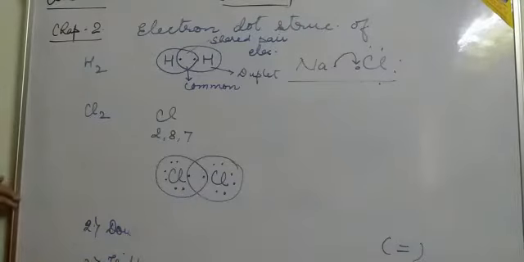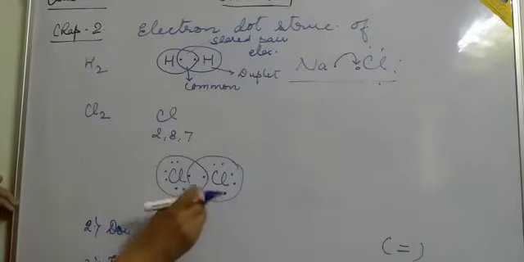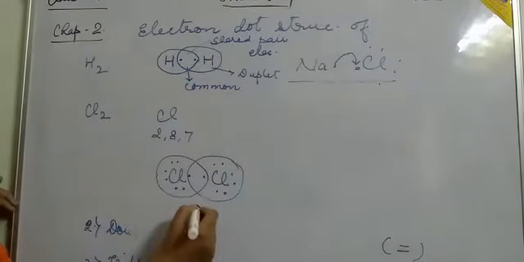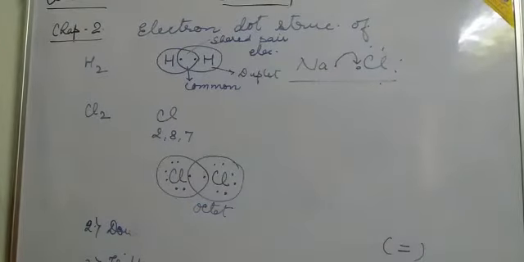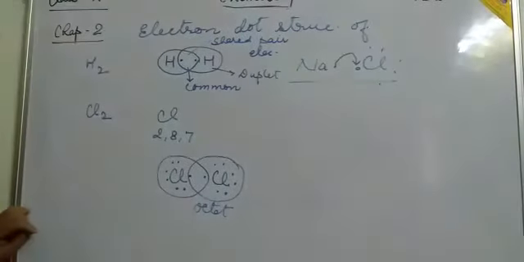By writing this type of structure, we can understand that each chlorine has 8 electrons. This is completion of the octet. Each and every element has a tendency to acquire 8 electrons in its outermost shell.